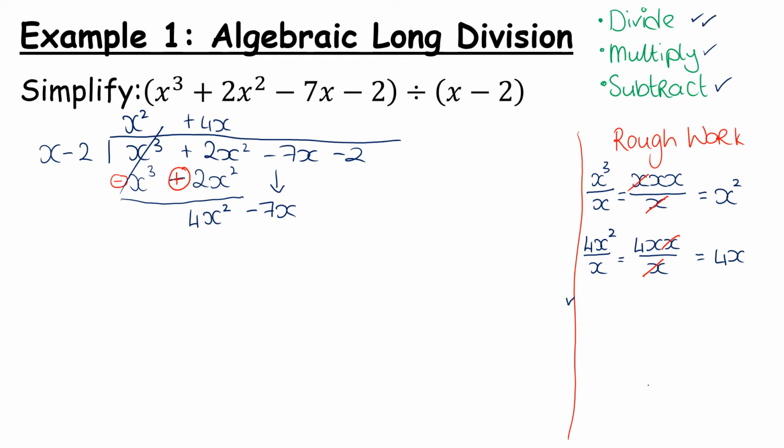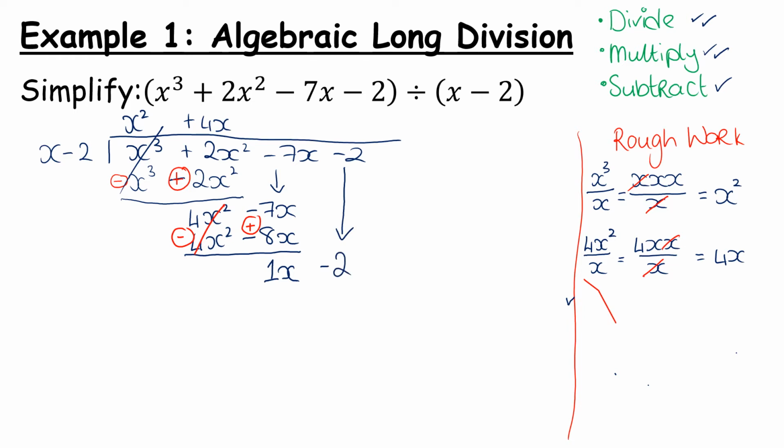Plus 4x by x is 4x squared, plus 4x by minus 2 is minus 8x. Now we've done our multiply, let's do our subtract. So this becomes a minus and this becomes a plus. So minus 7x plus 8x gives me 1x, a positive 1x. And I bring down my minus 2.